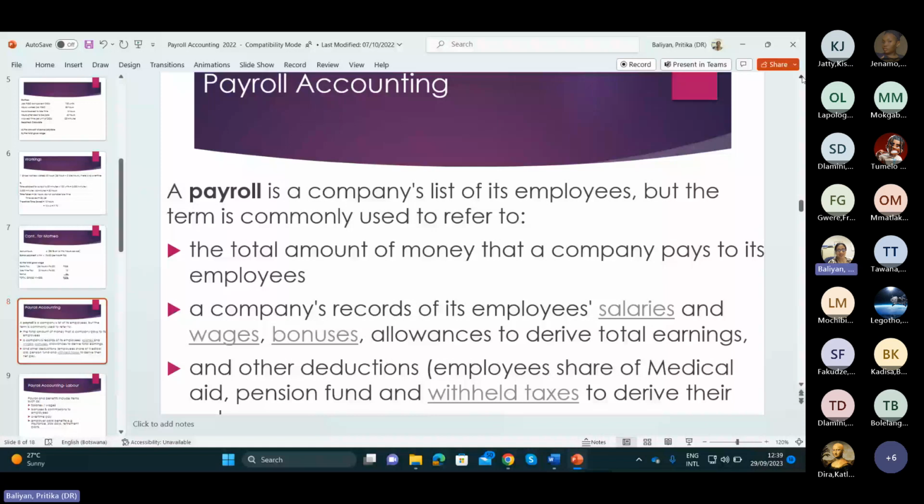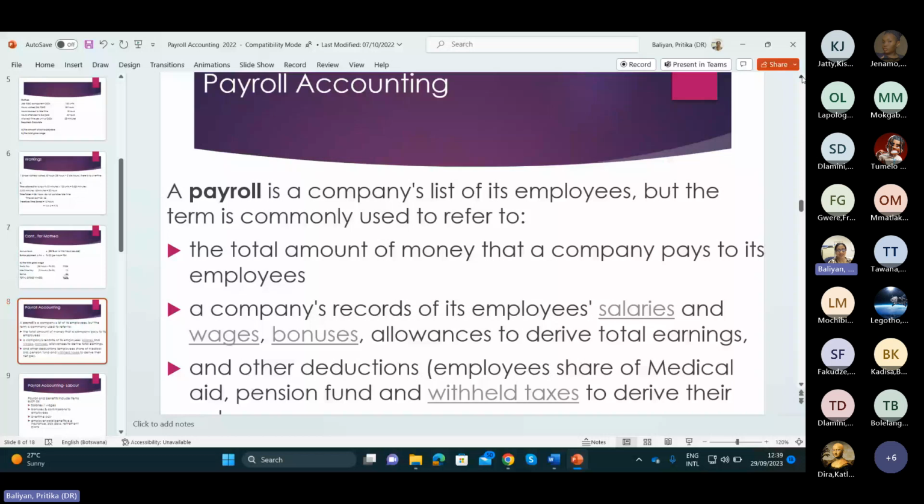But when we say payroll accounting, accounting means the process of recording. So here payroll accounting is concerned with the total amount of money that a company pays to its employees, all the workers who are working there.